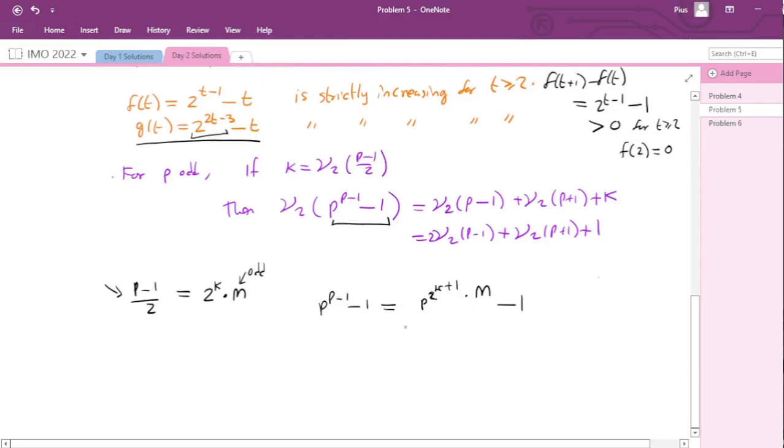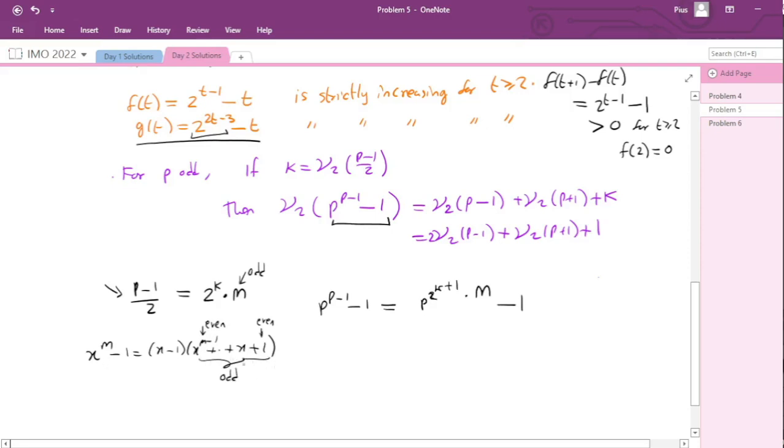Okay. And now if you recall, when you have x raised to the power m minus 1, we can factorize this. So we're going to make use of this factorization. So now m is odd, meaning that this is even. And the power here is also even, that's x raised to the power 0. So ultimately here we can observe that this is going to have an odd number of terms.